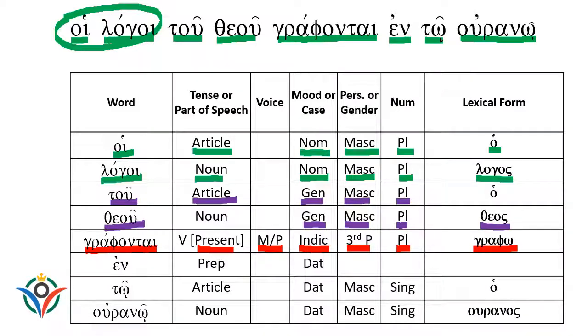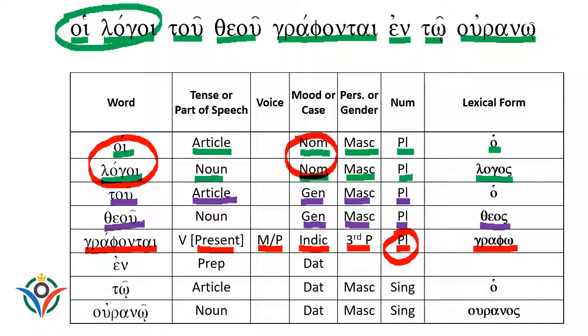So I want to point out to you our subject, because it's in the nominative case, is the words. Because it's plural, here we've got a verb ending that is plural. So we have concord, those terms that we learned previously. There's agreement between the verb and the subject in person and number.